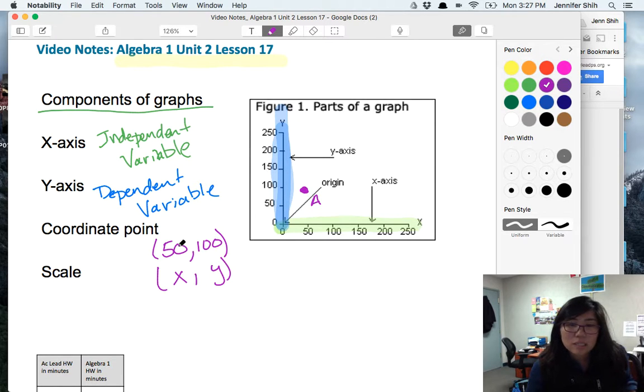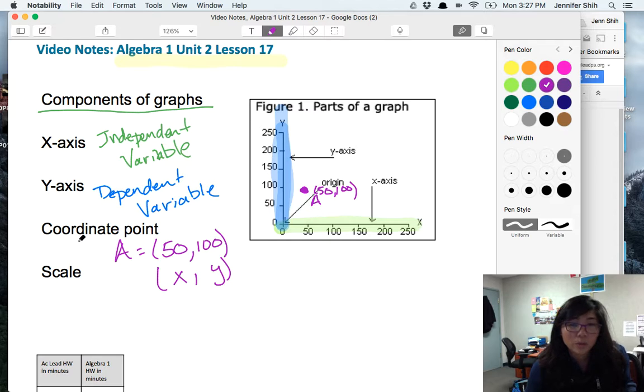So you read your x value, 50, and go along here to 50, and then you go up on your y-axis to however many it says in your y spot, which is 100. So you would go over 50, up 100. That's how you would plot that point. You could label it A is equal to 50, 100, and then on your graph you can even label it 50, 100. That's a coordinate point.